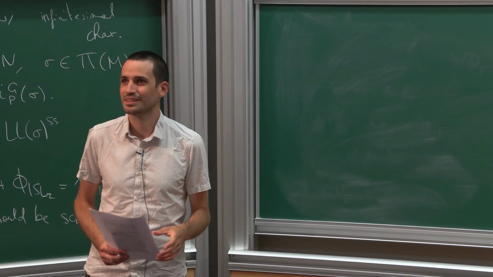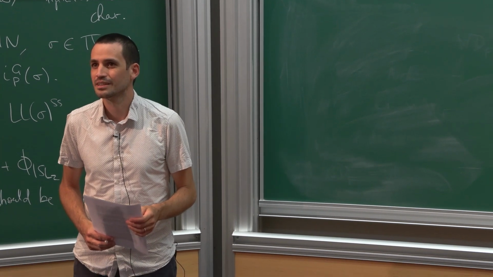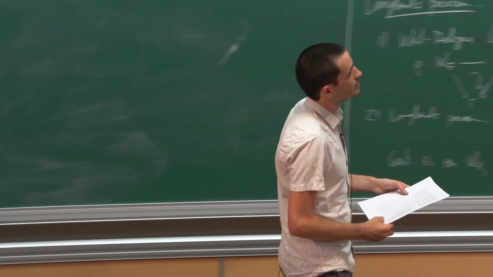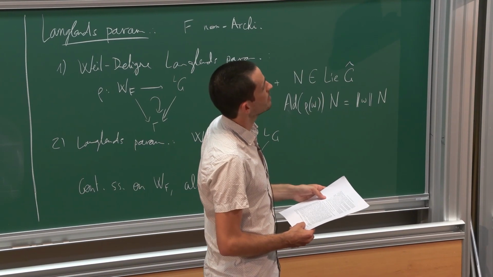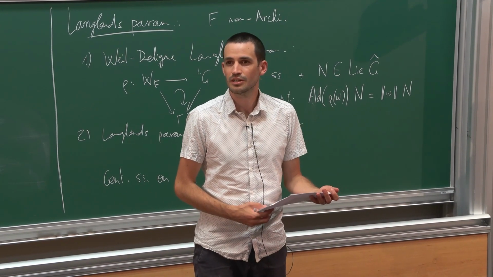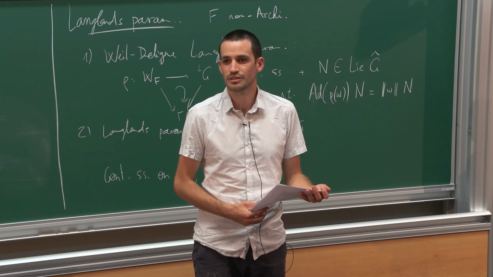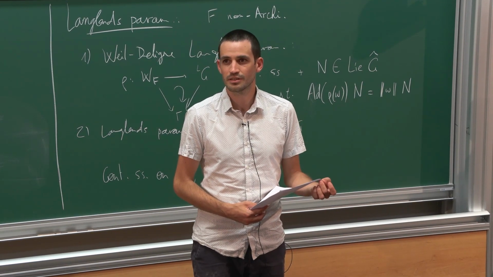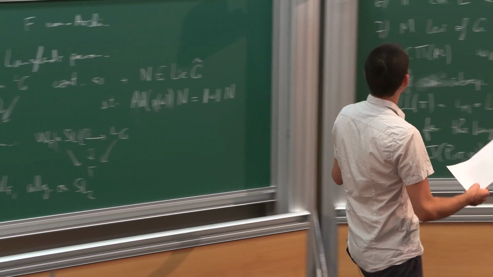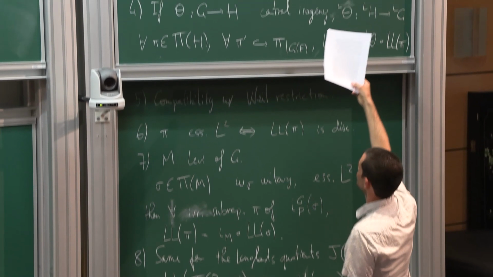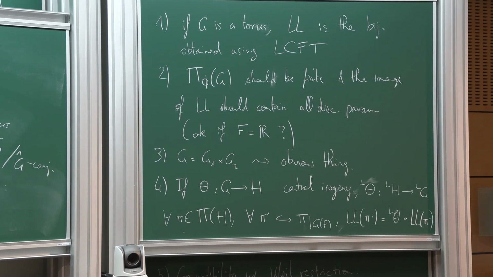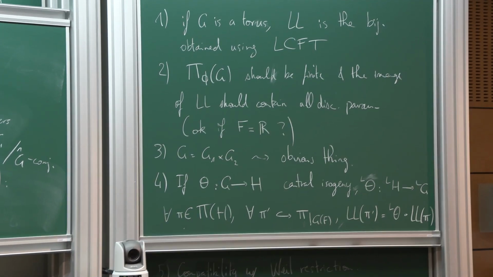But when you say it should contain all discrete parameters, the statement reads the image of LL for a single G should contain all discrete parameters. Discrete parameters are always relevant. Yes, I could have said instead that the image is exactly the set of relevant parameters, because when you go through these reductions, that follows.